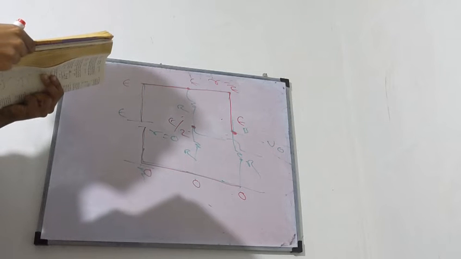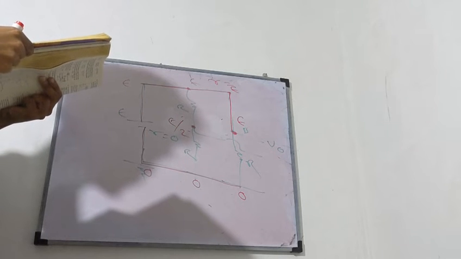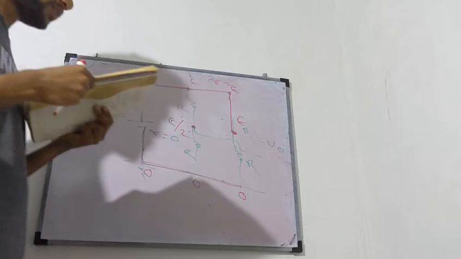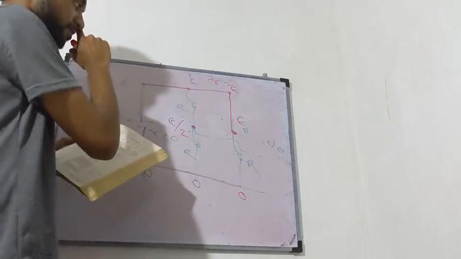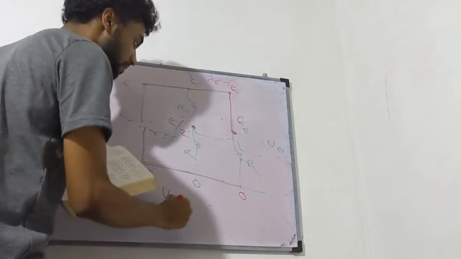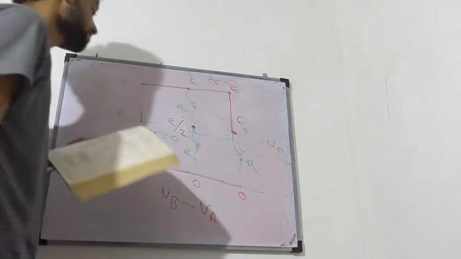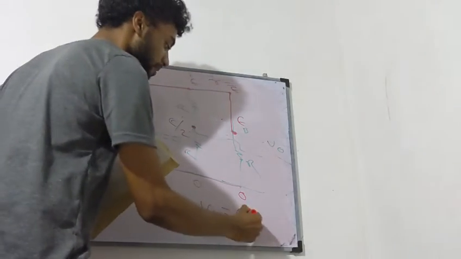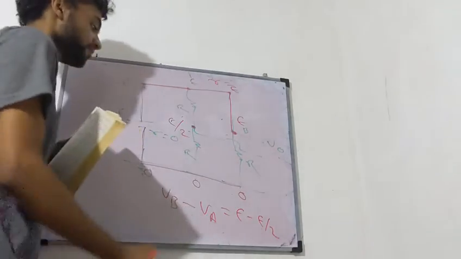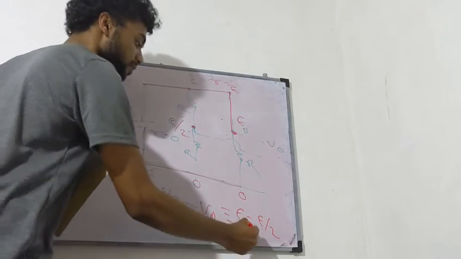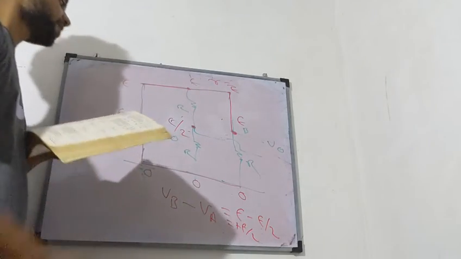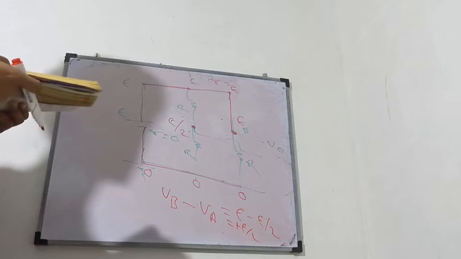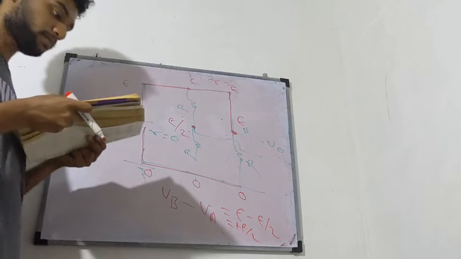So they are asking, when R goes to 0, what's the potential difference now? VB minus VA is equal to E minus E over 2, which is equal to E over 2. So VB minus VA is equal to E over 2. Can you see that? Okay.